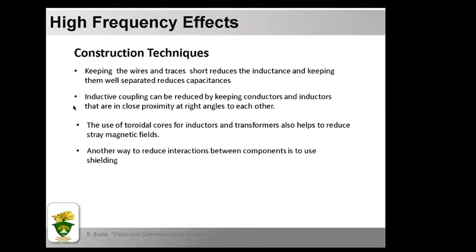Inductive coupling can also be reduced by keeping conductors and inductors that are in close proximity at right angles to each other. And also the use of toroidal cores for inductors and transformers helps to reduce stray magnetic fields.